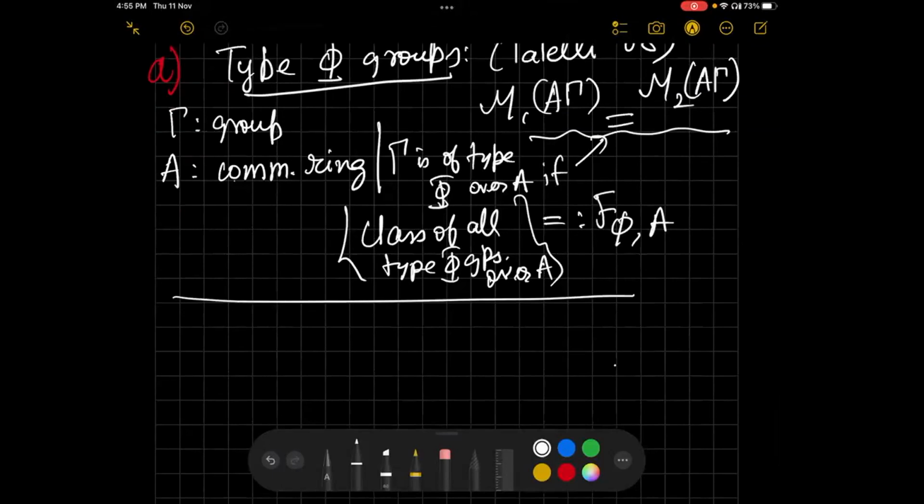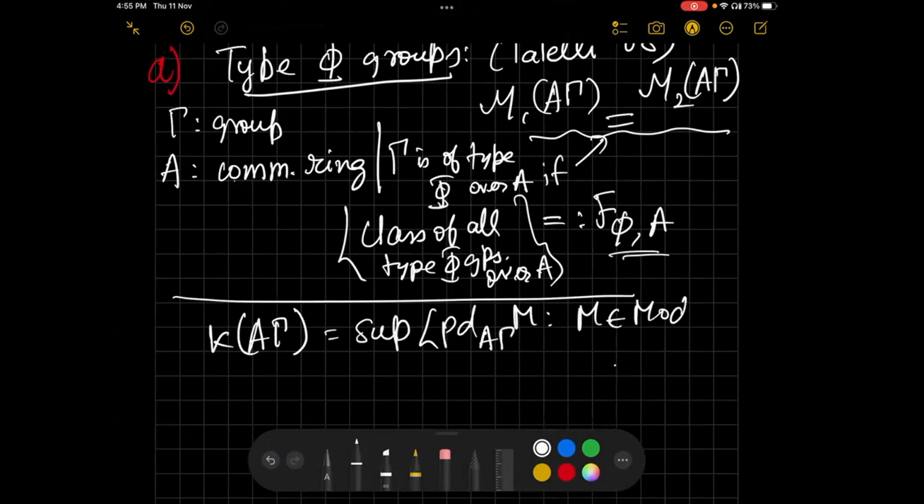A very useful property of this class is that, remember this invariant that I defined earlier? This was the supremum over the projective dimension of those modules which had finite projective dimension over finite subgroups.